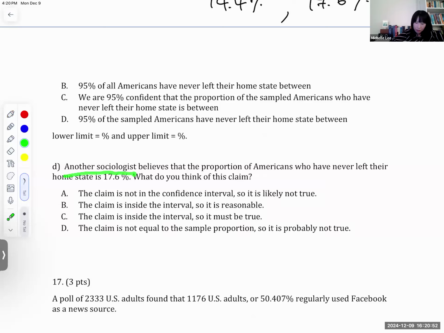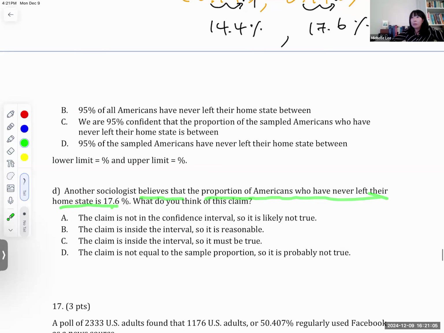Another sociologist believes that the proportion of Americans who have never left their home state is 17.6%. What do you think of this claim?